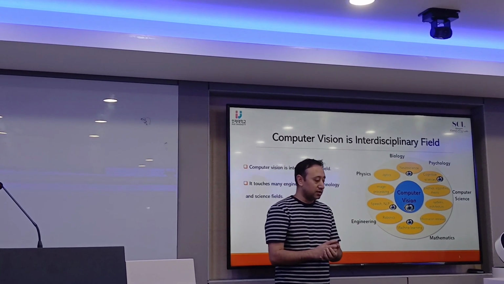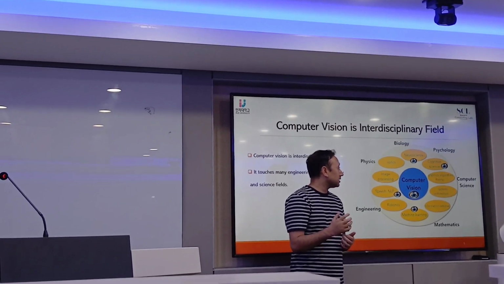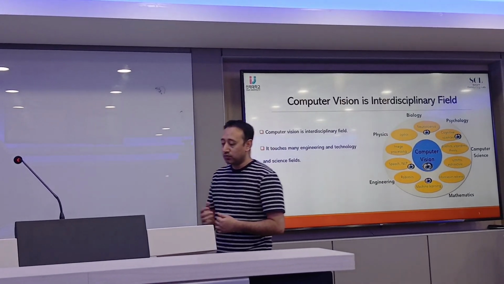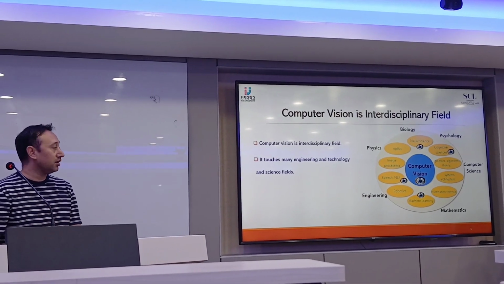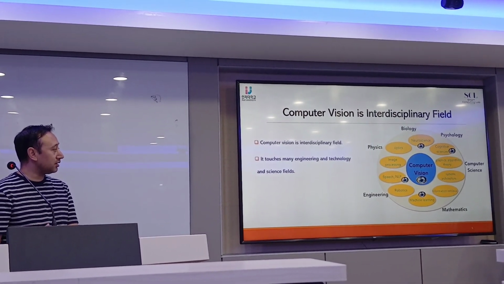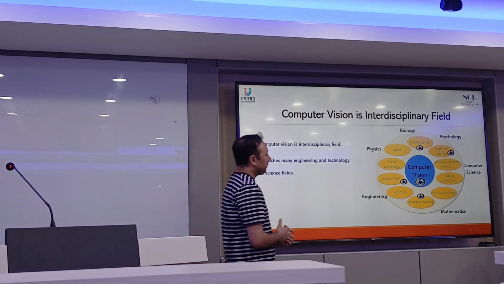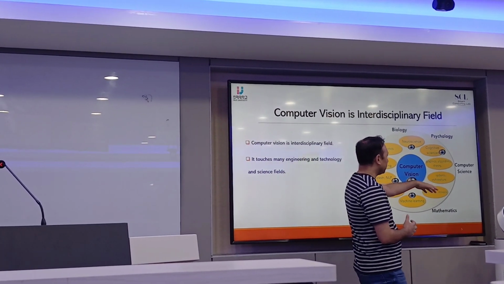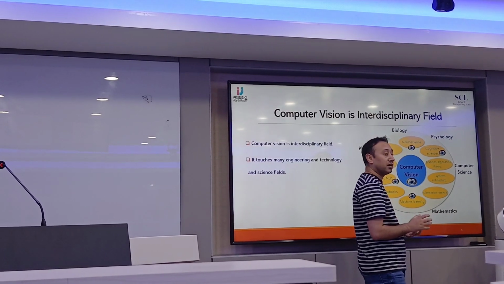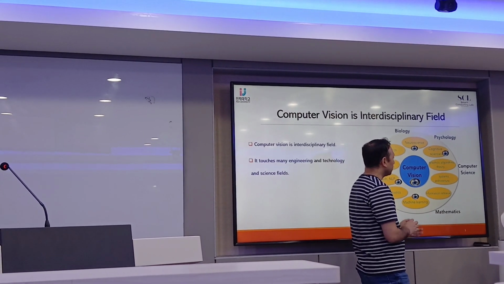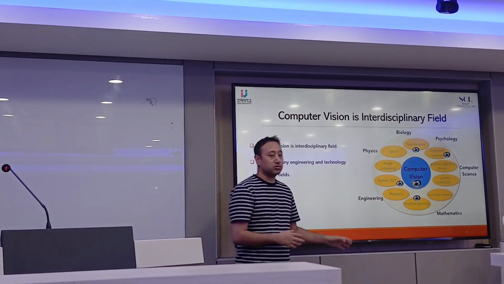In those neurons, computational analysis happens and some algorithm works, and at the end, after processing, it gives us some result. Here computer science, definitely, we will be using some algorithm to classify or to detect those objects. Then mathematical and engineering parts are also included in this.